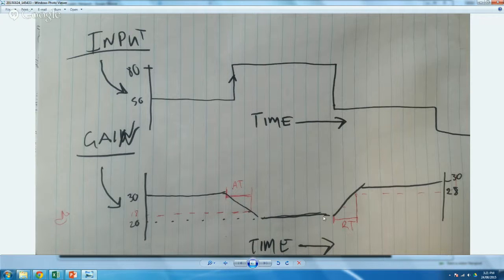It's at 20 instead of 30 as it was at the start. Now the input decreases up here, and so the gain is going to increase up to 30 again eventually, but our release time is not going to be the time it takes to get to 30, it's going to be the time it takes to get to 28 if we use that 2 dB rule again. So it's just a slightly different technical definition of what the compression attack and release times are.